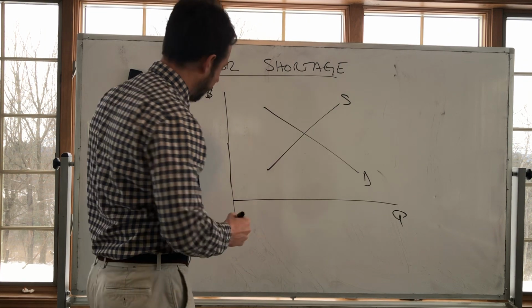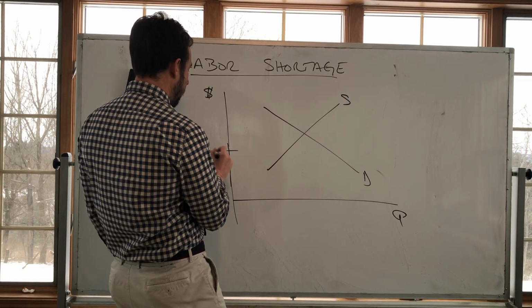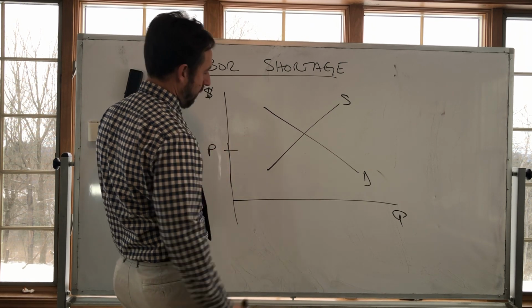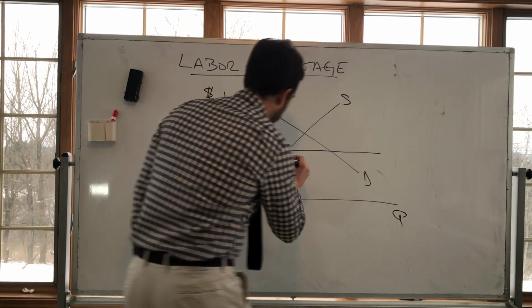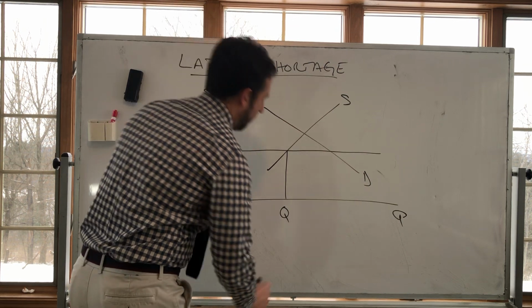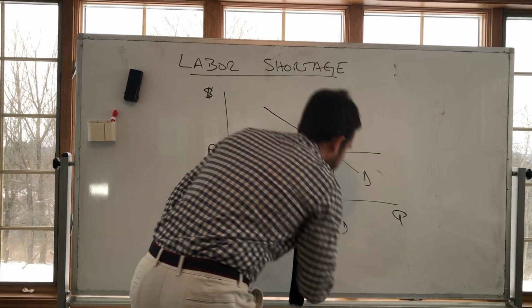So what's happening here is the hospitals, the employers for nurses, only want to pay this price right here. So if we draw our line here, then this is the quantity of nurses supplied to the market, and this is the quantity demanded by the market.